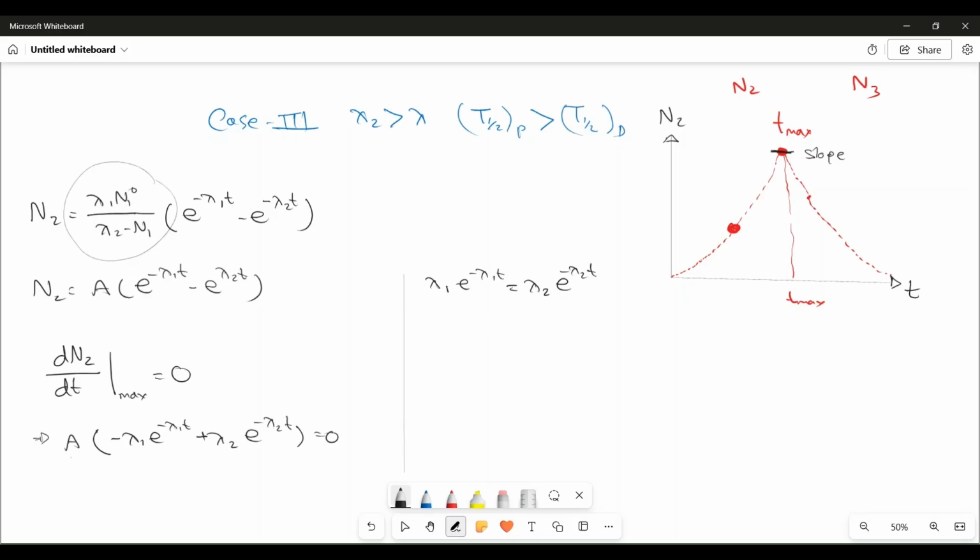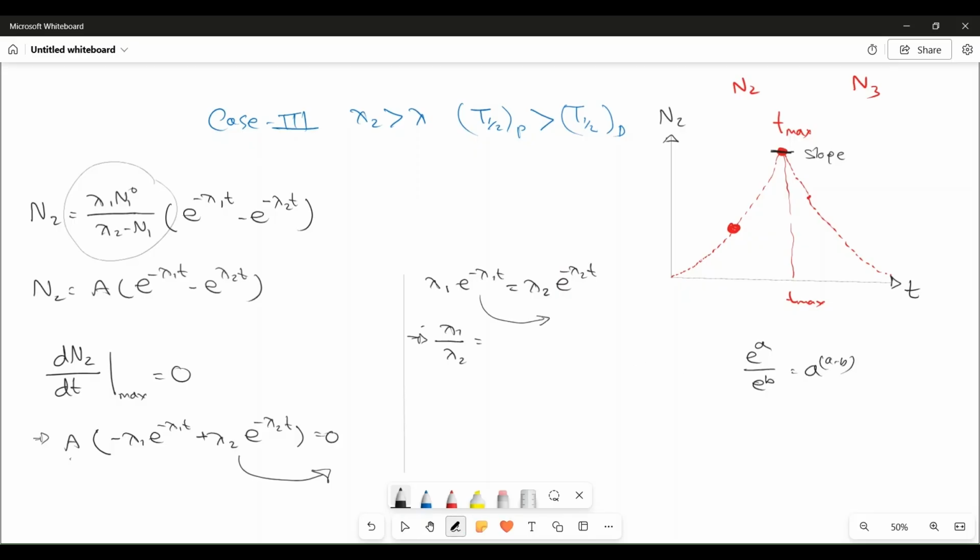Right, so A gets eliminated and we take this term to this side, so we get this one. From here we keep the lambda terms on one side, so λ1 over λ2 equals, because we know that a by b, e to the power b, we can write as a minus b, right?